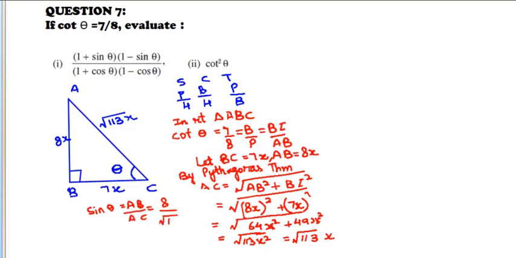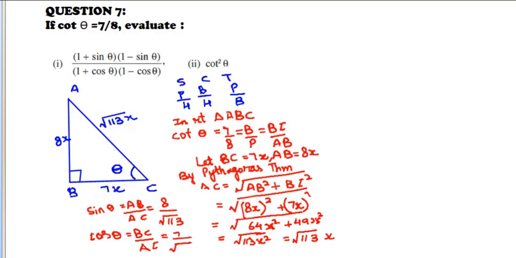So let us find the value of sin theta from here. Sin theta is perpendicular upon hypotenuse, that is AB upon AC. That is equal to 8x upon under root 113x. x and x get cancelled out.